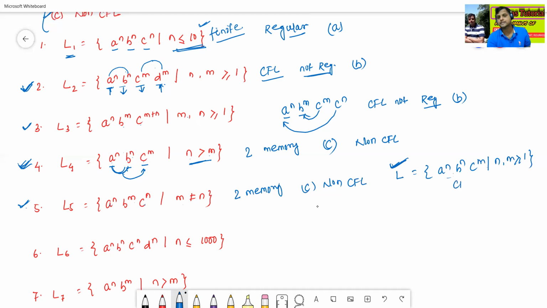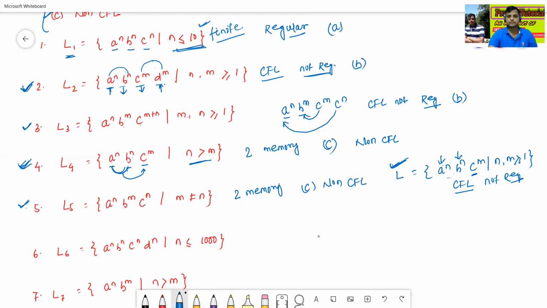So this language is context-free, because we can push a, b will pop a, and c will be a null move. This language is context-free, but it is not regular.